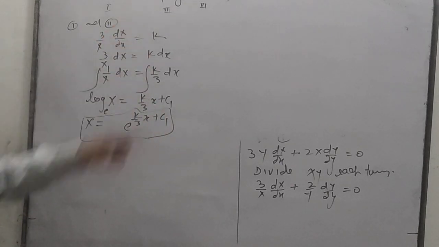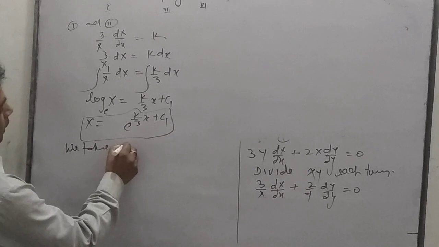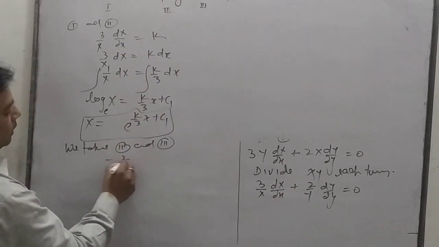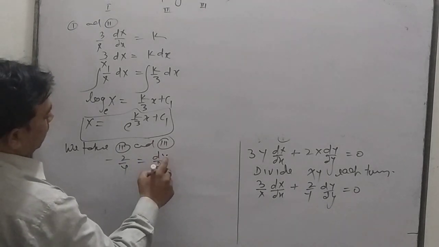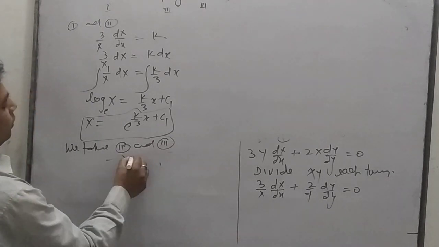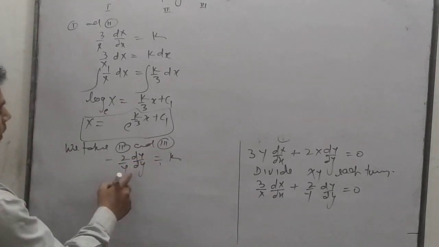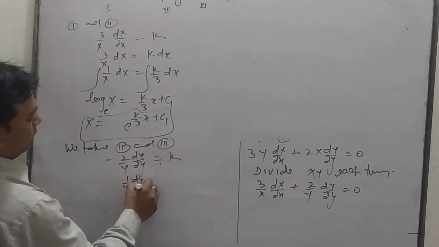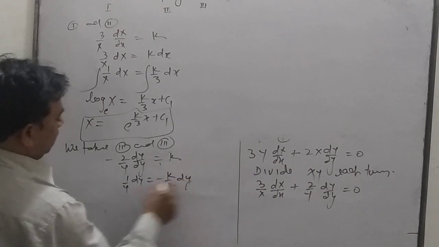After then the second, we take second and third. Value of second minus 2 upon y equal to dy over dy, 2 upon y dy over dy equal to k, a variable separation, 1 upon y dy equal to minus k y2 into dy.